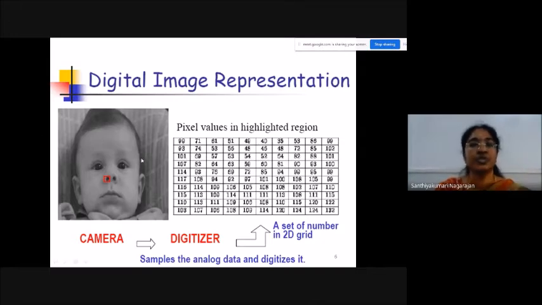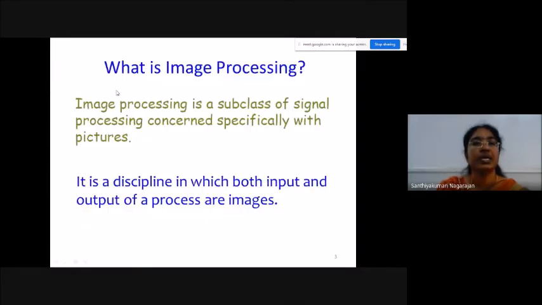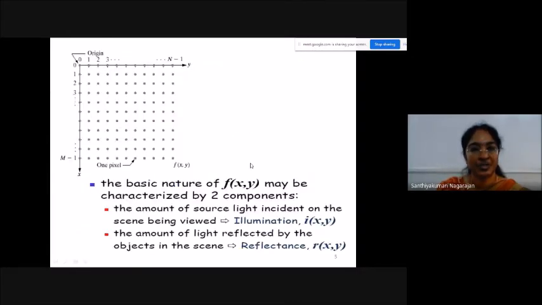As of now, you just see this is an analog image which is captured by a camera. We are very much interested in this region, where we make use of the digitizer process. You can digitize it and process it. I will present a deeper analysis of that information once the first session break is over.